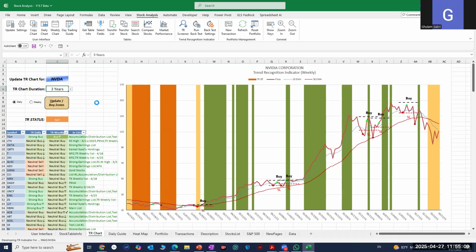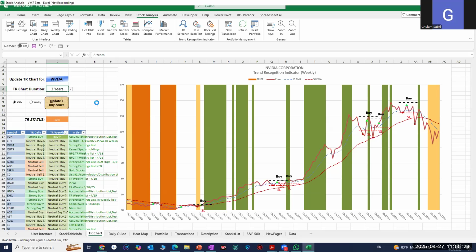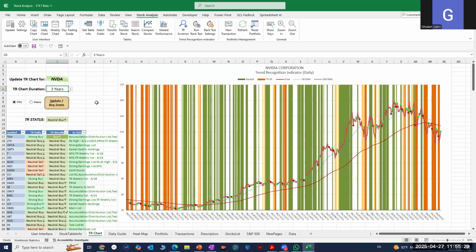Obviously, we'll have more buy signals on the daily chart than the weekly chart, because on the weekly chart, price points move slowly, after a week or so. On the daily chart, they move every day. So we'll have more buy points and more selling points. You see, for the 3 years, there are many buy and sell points for NVIDIA because it is kind of struggling. But even then, let's run the backtest and see how it performs.